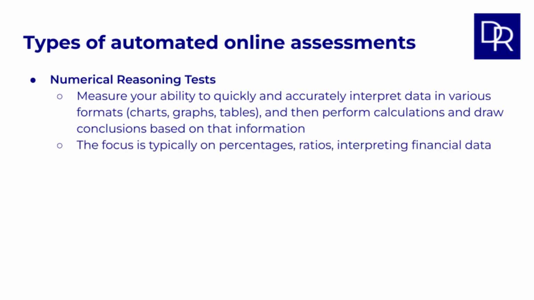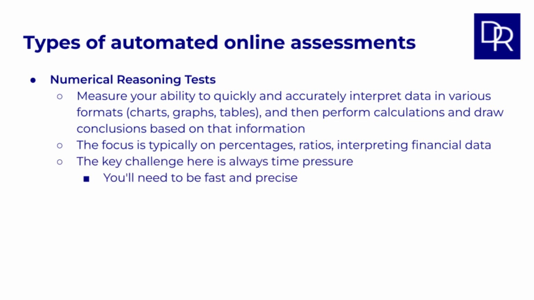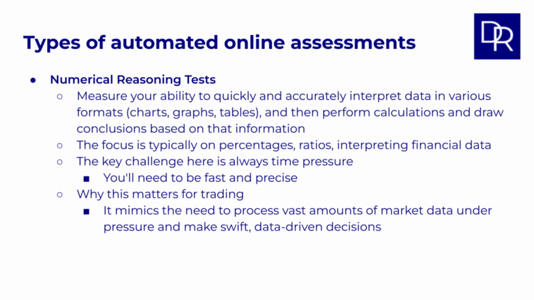The focus is typically on things like percentages, ratios, and interpreting financial data. The key challenge here is always time pressure. You'll need to be fast and precise. Why this matters for trading is it mimics the need to process vast amounts of market data under pressure and make swift, data-driven decisions.